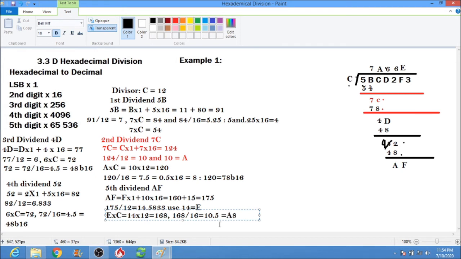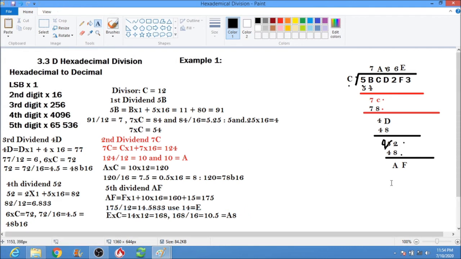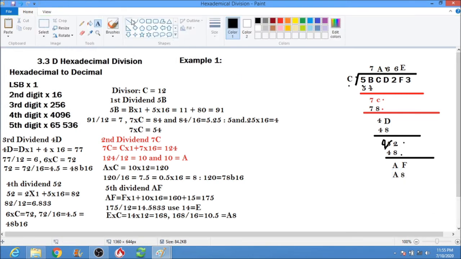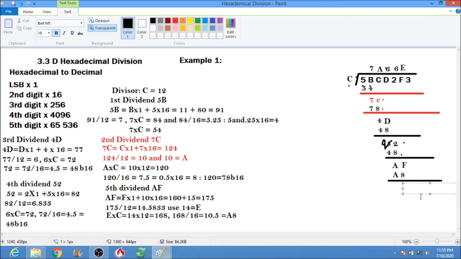So 0.5 times 16 is 8, and A is 10. So write A8. Then subtract. Class, just follow the procedure, or you can rerun the video. So 15 minus 8 is 7. So our answer is 7.